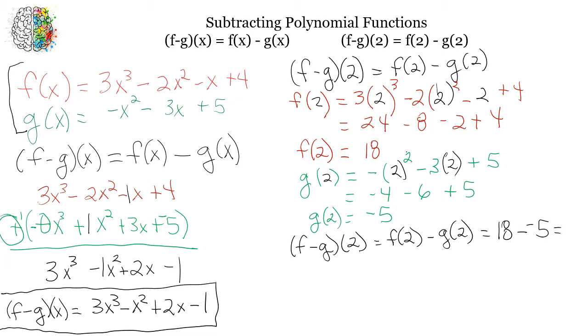So that is 18 minus a negative 5, so that is the same as 18 plus 5, which equals 23. So that tells me that f minus g of 2 is going to equal 23, and that would be my final answer.